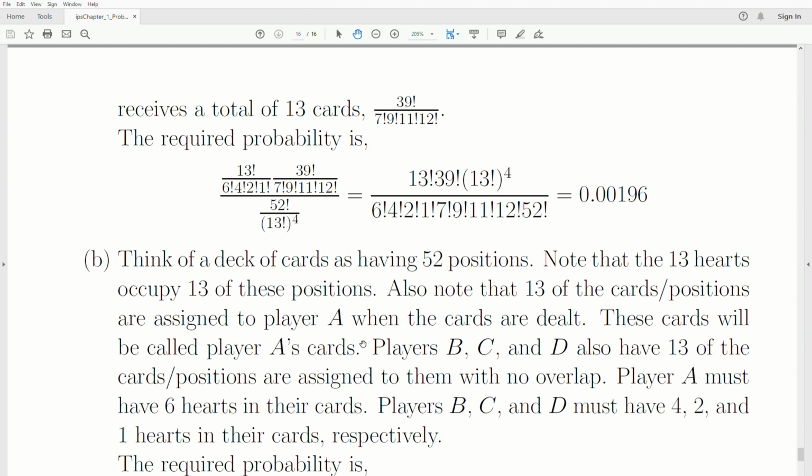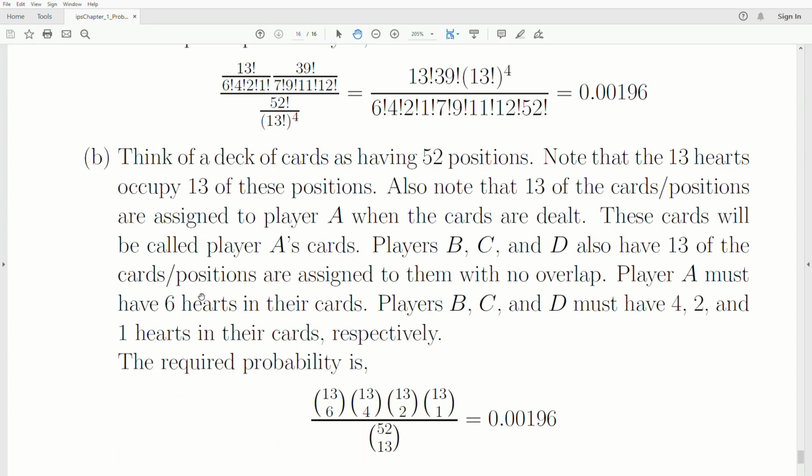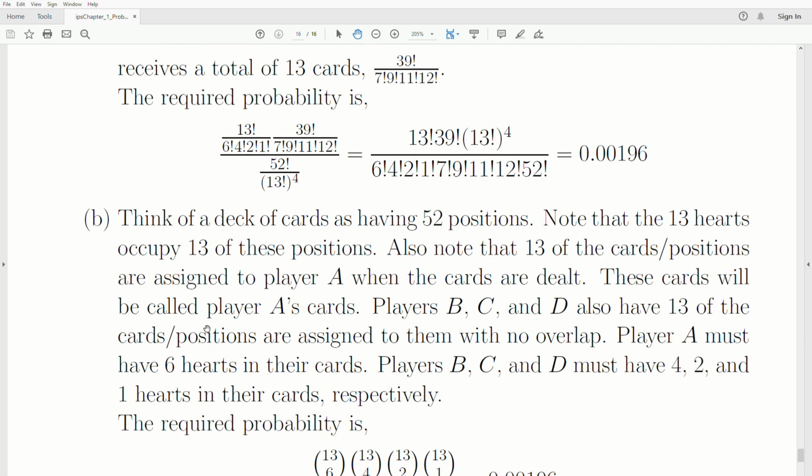So the second way to think about this, and I'm not sure which of these solutions I like better, but both are so informative on how to calculate these probabilities. So think of a deck as having 52 positions, right? Position 1, position 2, all the way to position 52.